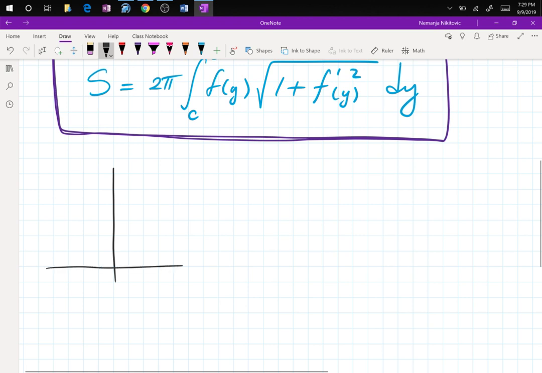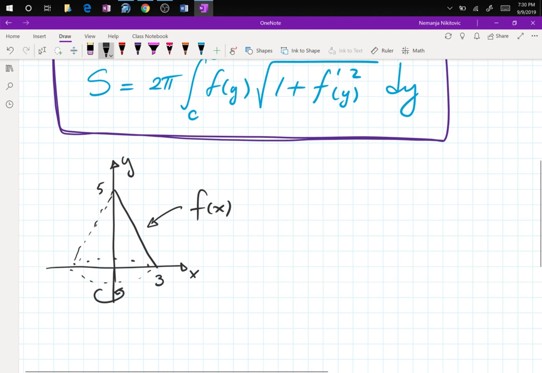So I'm going to take a linear segment that connects 3 on the x-axis and 5 on the y-axis, which will give me the function f of x. We'll rotate on the y-axis here to create the cone you guys are used to. And we would like to know the surface area of this.